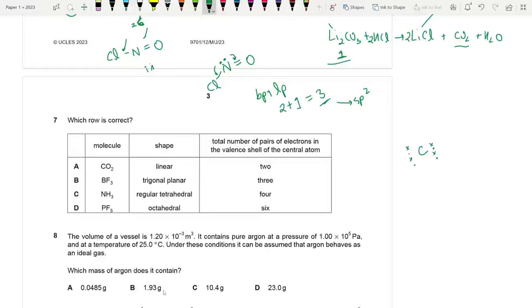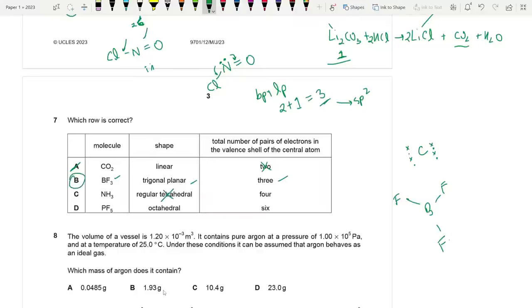No, it actually has 4 pairs, so this part is wrong. BF3 is in fact trigonal planar. BF3, 1, 2, 3 pairs, right? And no other lone pairs. So yeah, all of this is correct.